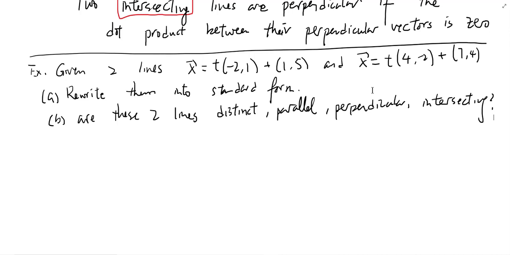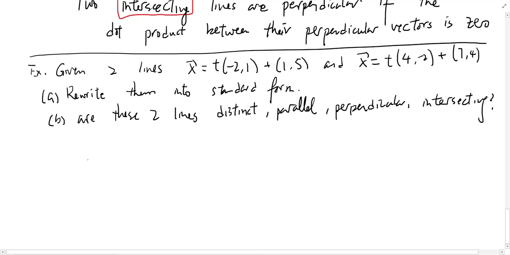But of course, in some cases, it cannot be done. And I've been telling you that you cannot do a line in R3 or higher. I'll explain why that is the case after this example, or actually, after we talk about planes. So let's try to do this first. Let's do A first.